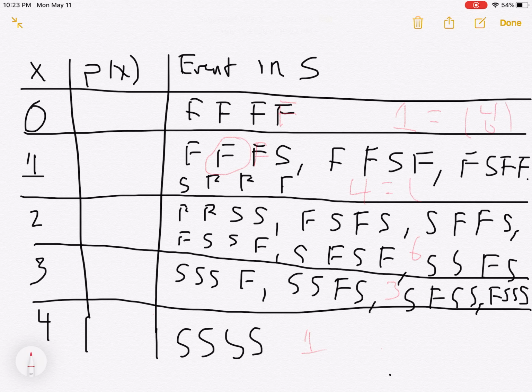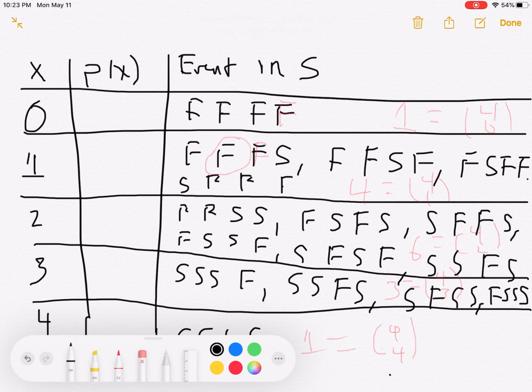This number 4 comes from 4 choose 1, placing 1 success. 6 is the same as 4 choose 2. This 3 is the same as 4 choose 3. And this 1, that's 4 choose 4. Okay? So the number of ways that this occurs is a combination, because distinguishing the failures leads to the same outcome. I don't actually care about distinguishing those.